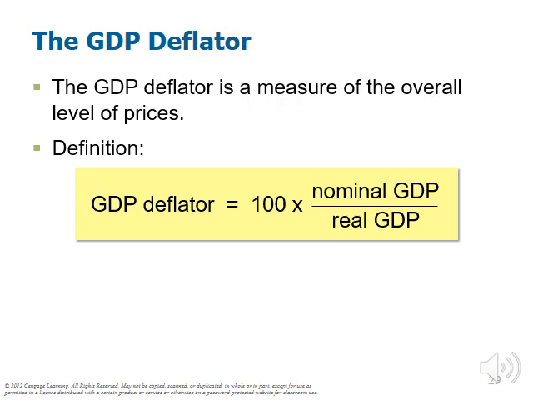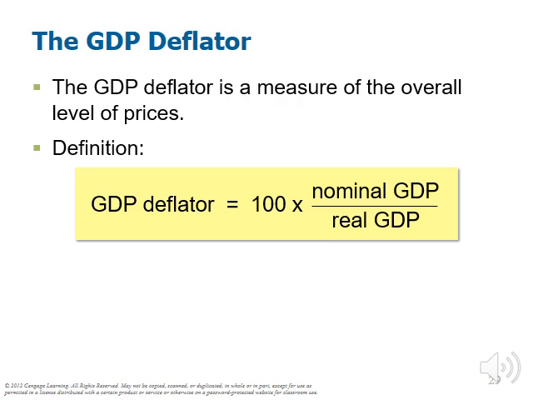Do keep in mind, nominal GDP included P and Q. Real GDP included only Q, changes in quantities. PQ over Q, well, the Q's wash out and we're left with price data. Our index, our deflator, is a way of organizing the level of prices through time.